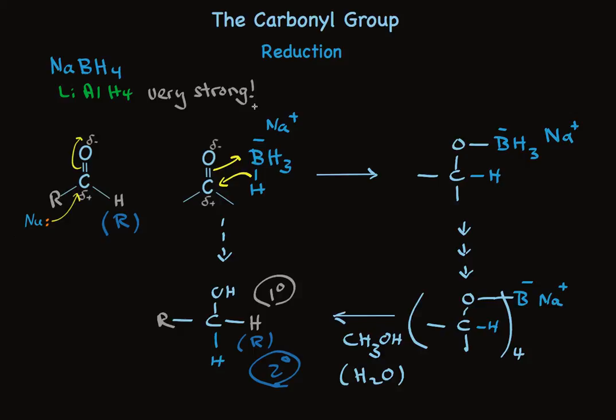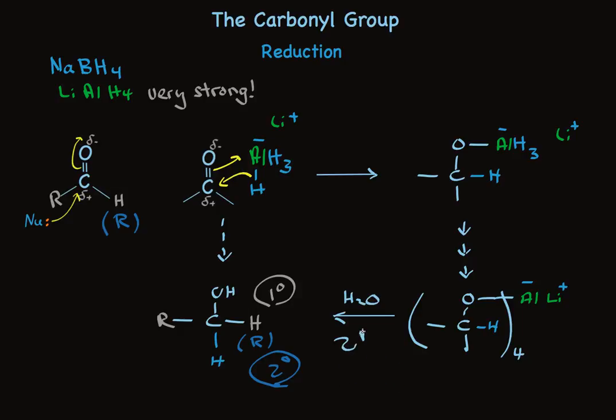You must use reaction conditions that have no protic solvents of any kind around, because lithium aluminum hydride reacts with protic solvents to release hydrogen in an exothermic reaction that causes a fire, typically, perhaps even an explosion. So I've simply swapped out boron and put in aluminum, swapped out sodium and put in lithium, and everything else is the same until we get down to the last step, and typically that last step is done with water.